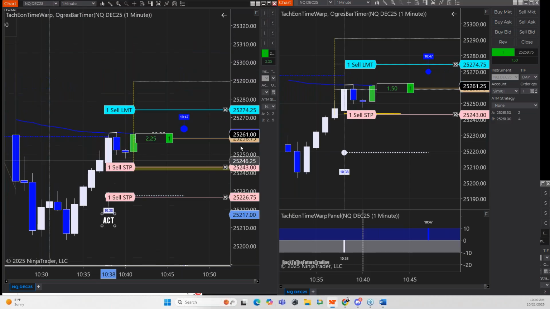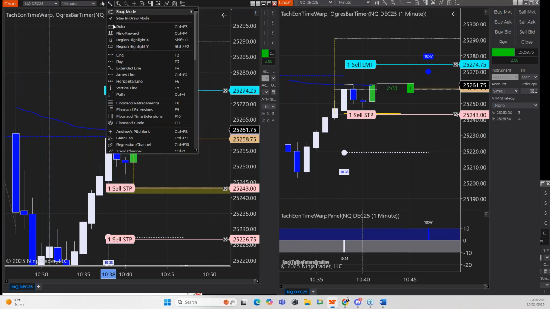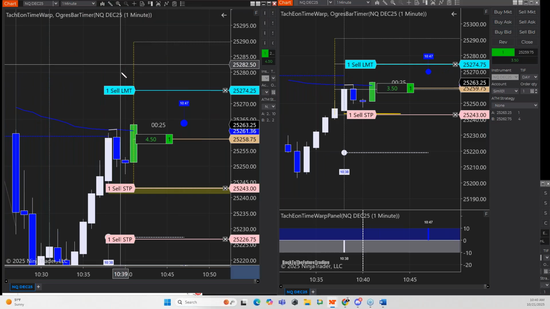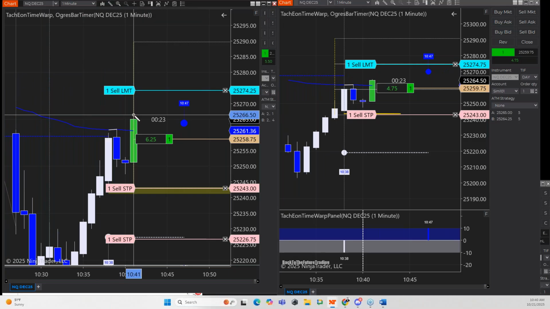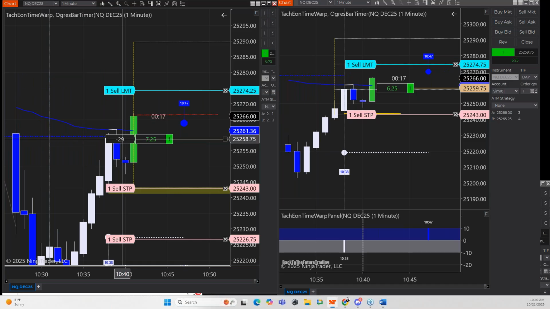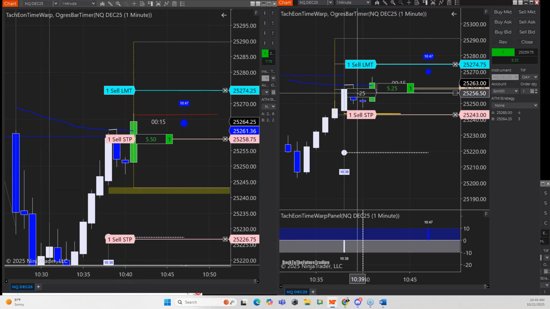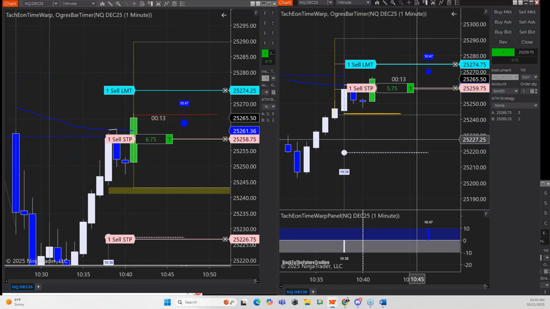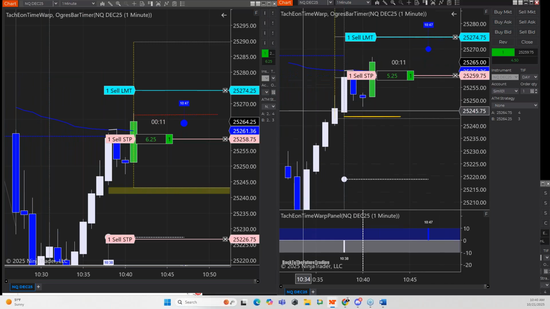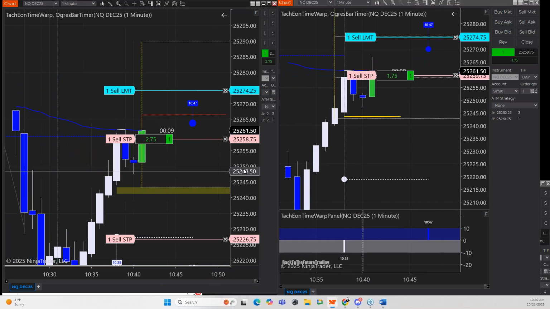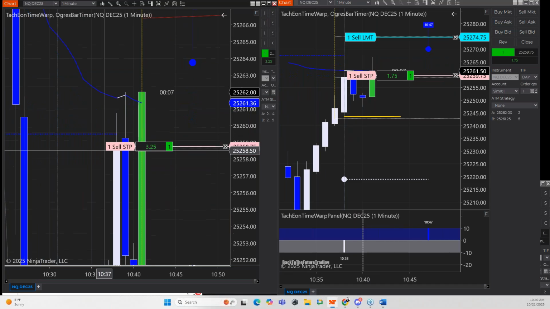While we're waiting, I'll come here and I'll draw a line halfway. Again, I think drawing is very important. When I get halfway to my target, I move to break even with a 1-to-1 RR. So now we have a trade where we can't lose.